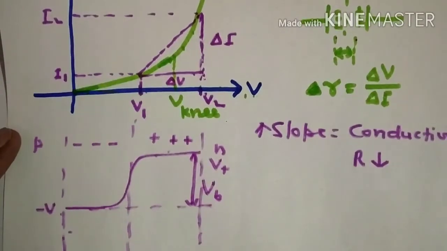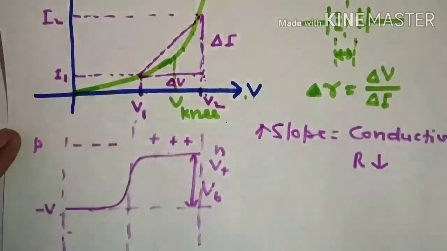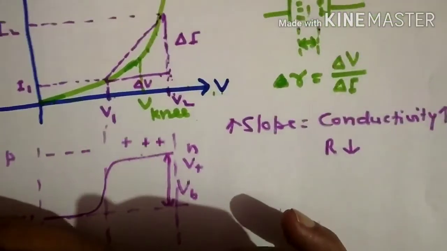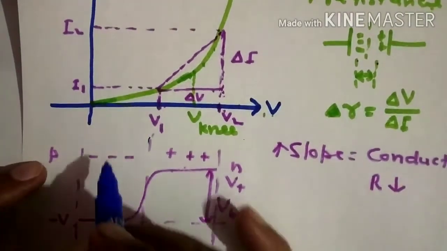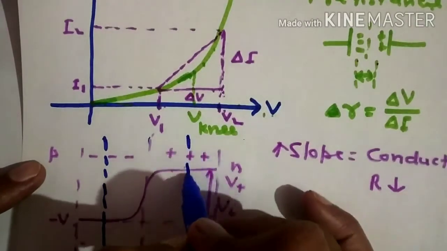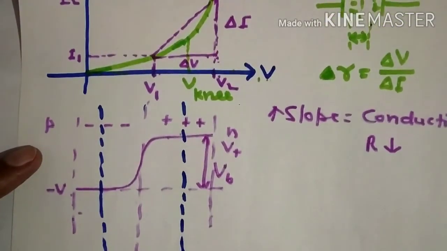But when we make the diode forward biased, we see the width of the depletion layer decreases. Now this is the junction, but the width has decreased.